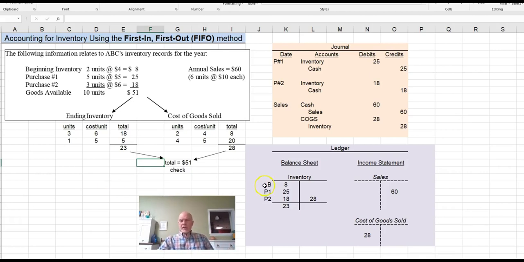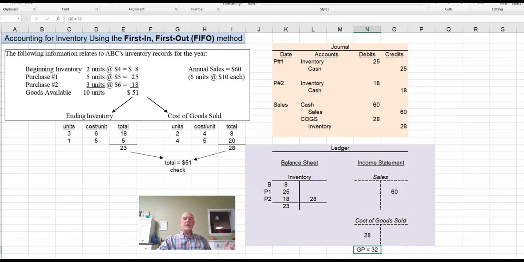And notice if we do that, the ending inventory is 23, and the gross profit would be 60 minus 28. The gross profit on that would be 32. Okay? We'll come back and talk about that in a little bit.